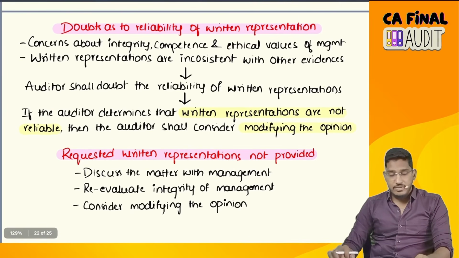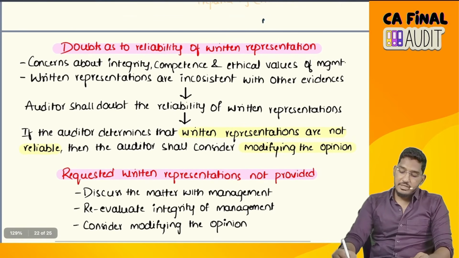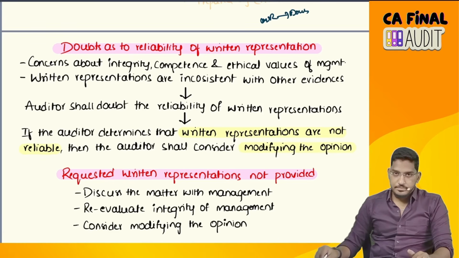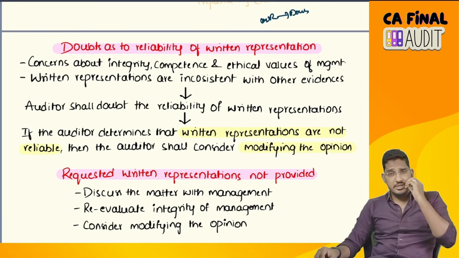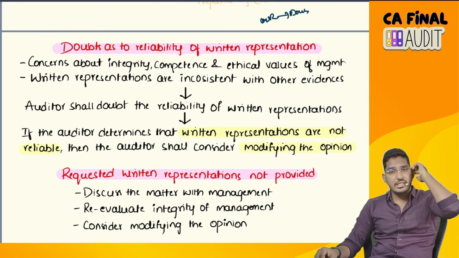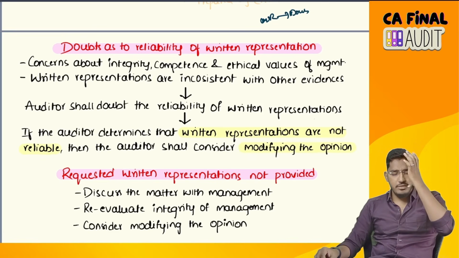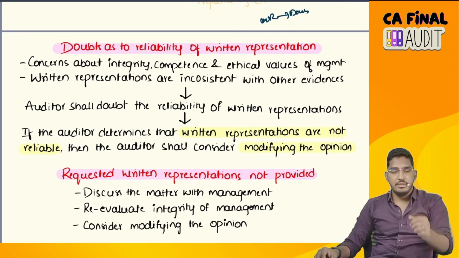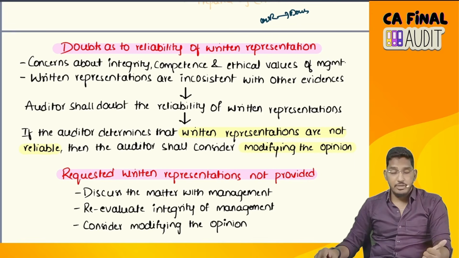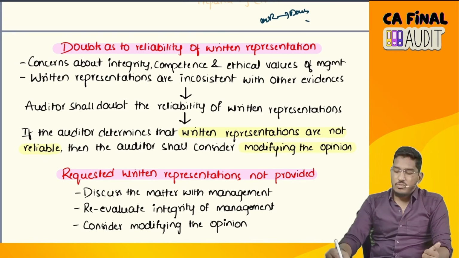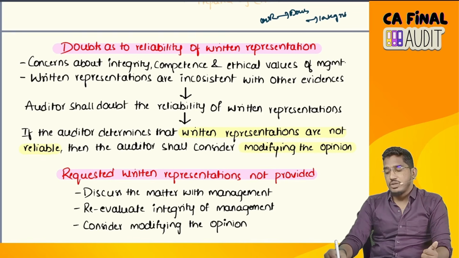And the last two paragraphs we have. Sometimes management will give written representation, but I will have a doubt regarding its reliability. You tell me, generally, when will I have a doubt regarding the reliability of written representation? When I have a doubt about integrity, I feel that management is not honest.